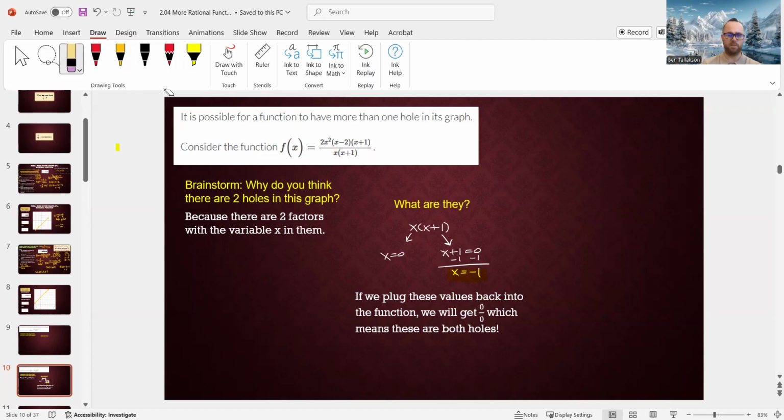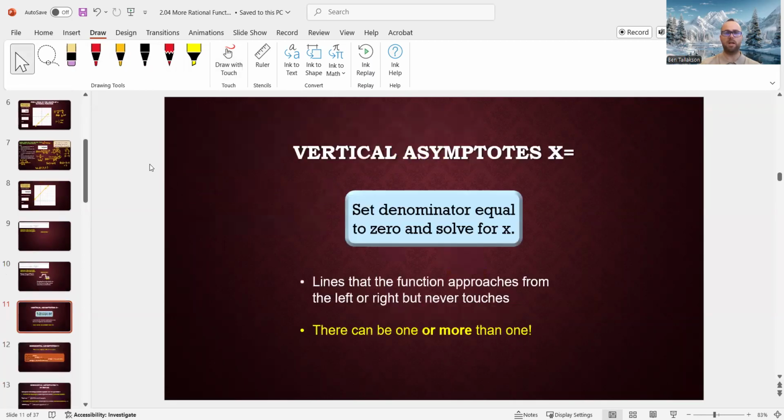You have plenty of practice doing that, and this is already factored out, so we're not going to take up much time on that right now because there are other important things we need to look at, which are the vertical and horizontal asymptotes, okay? So we're going to touch base on that, and then we're going to focus a lot on domain and range.